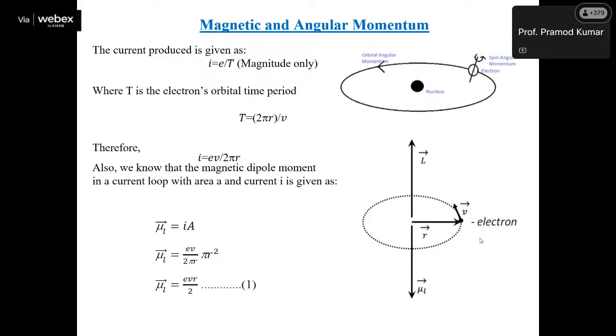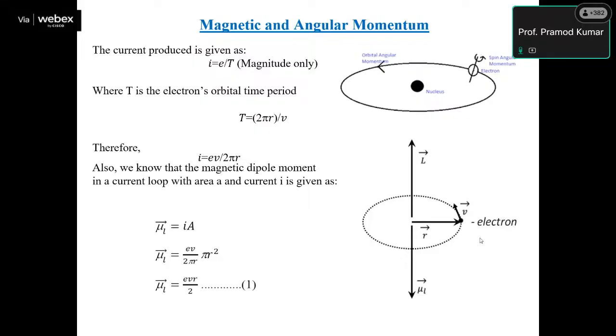That current equals charge divided by the time taken by the electron to complete the orbit. The time period is 2 pi r by v, so we can easily calculate I equals ev by 2 pi r, where 2 pi r is the path of the orbit.